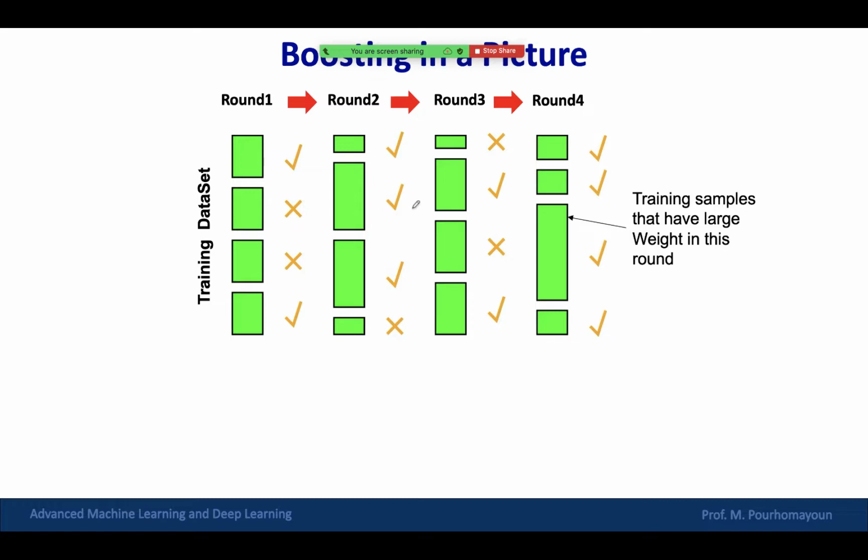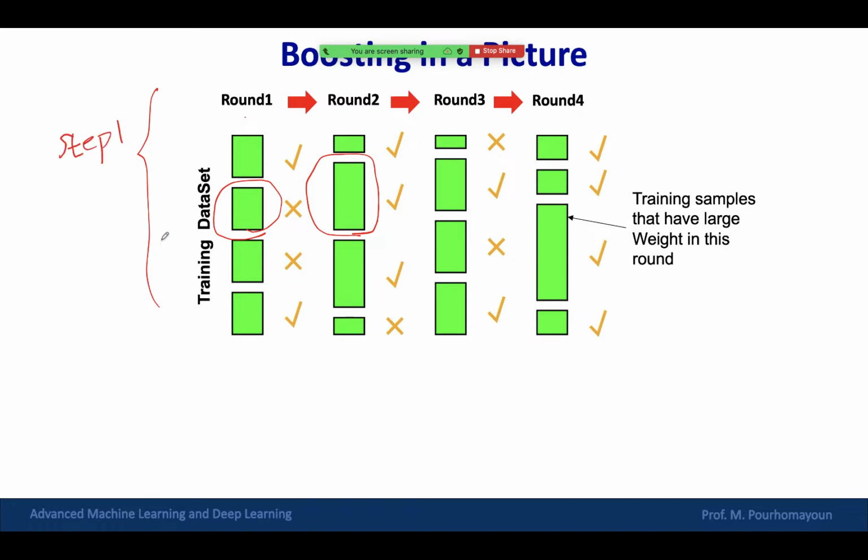Over time, we focused more on problematic samples. These samples were problematic for the first classifier. That is why we increased the size of those samples so the second one could learn them. Okay, and so on.